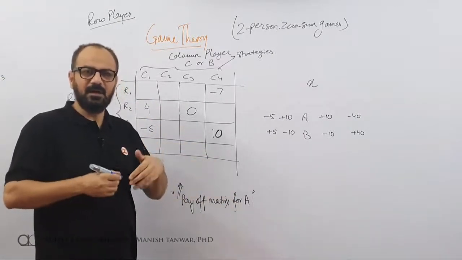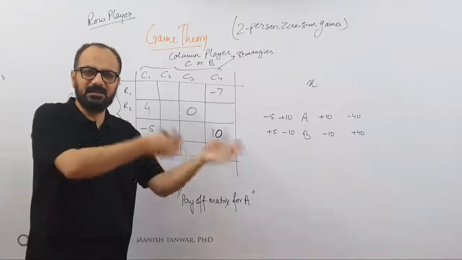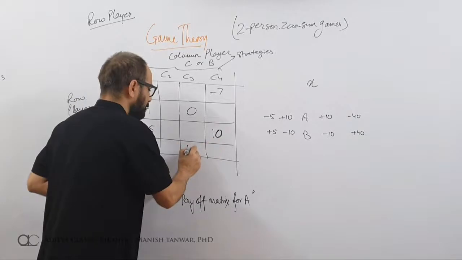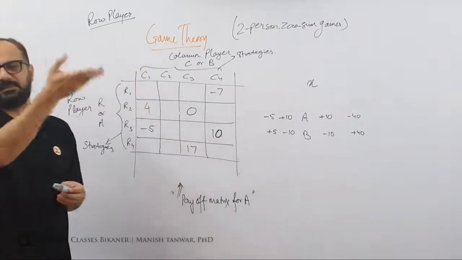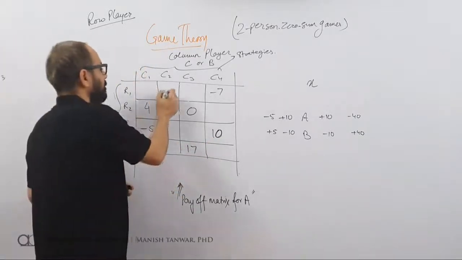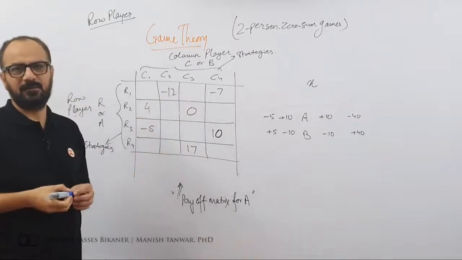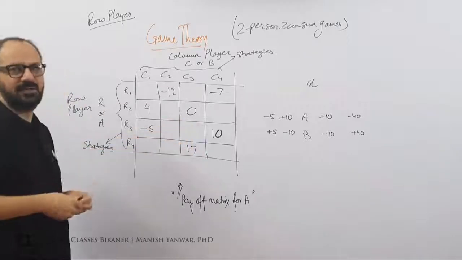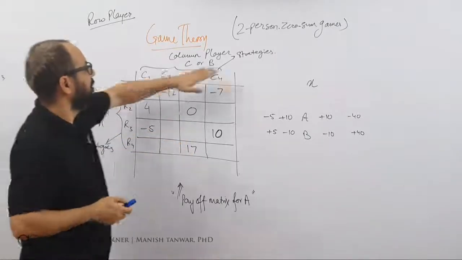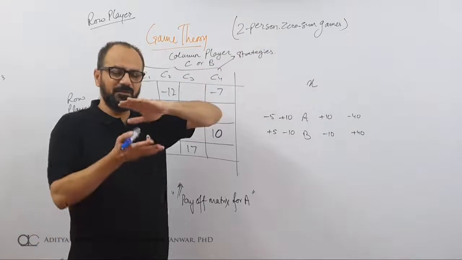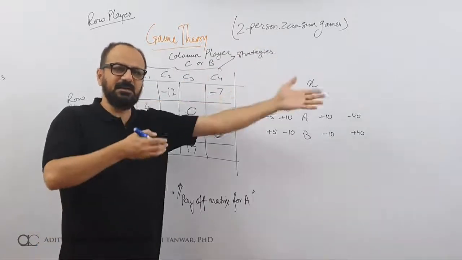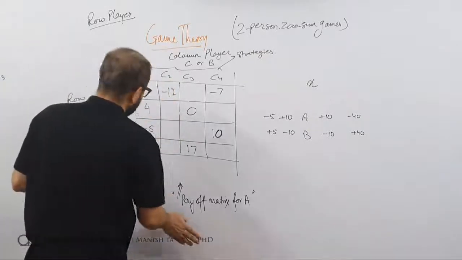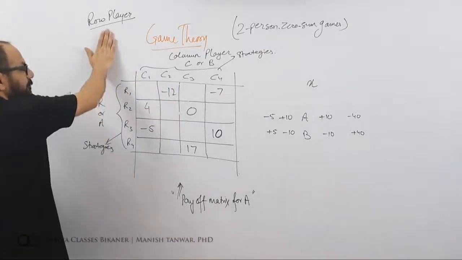I did not tell you each time that I am winning 10, he is losing 10. I will simply say plus 10, plus 17. It obviously means I have won 17 and he has lost 17. Minus 12. It obviously means I have lost 12, B has won 12. So this is why we make use of zero-sum games, that I only talk from the perspective of one player and the other player's perspective is obvious. And this is our payoff matrix, written from the perspective of the row player.